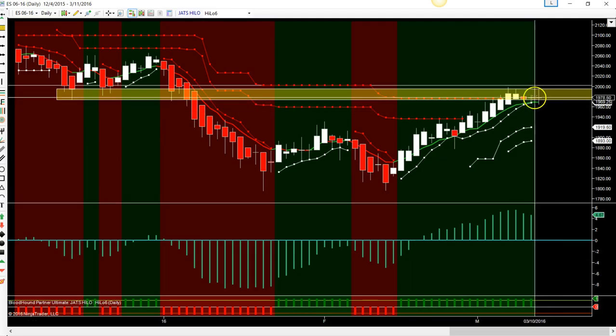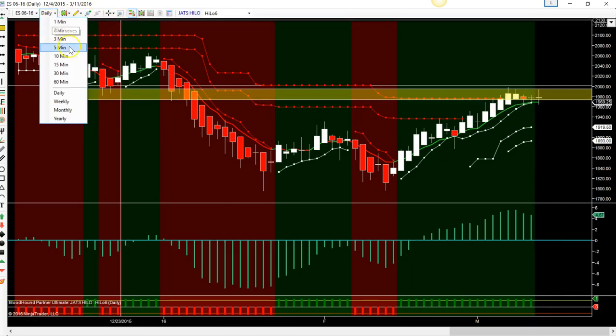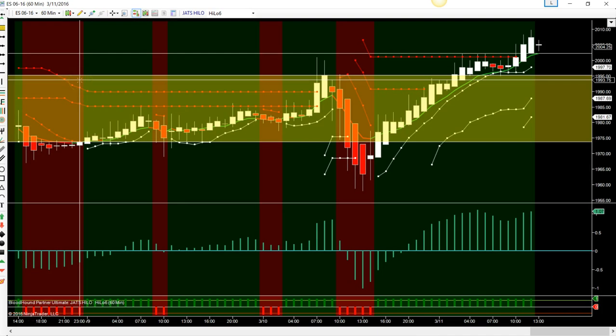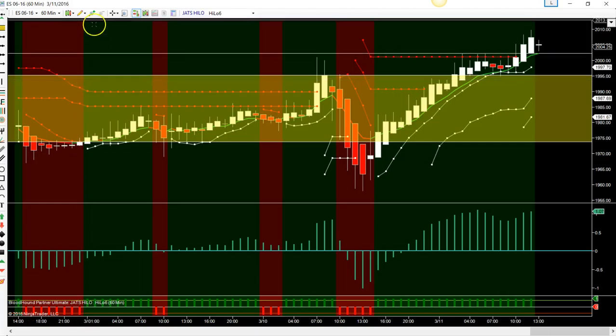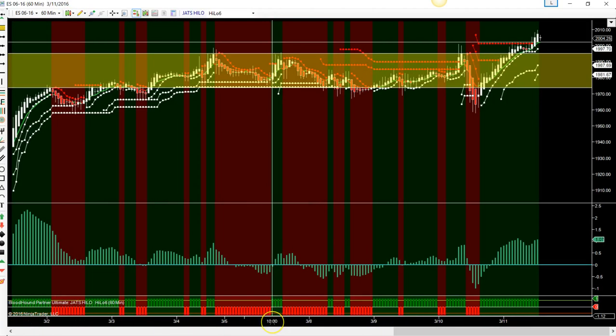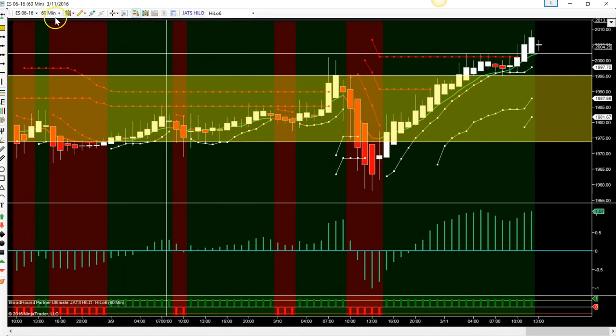So the market doesn't know what it's doing yet, is what I'm trying to say. If it breaks out, I'll go with it. I can trade long or short, but it's just choppy right now. And so I might sit on the sidelines for the ES until after the interest rate decision comes out.